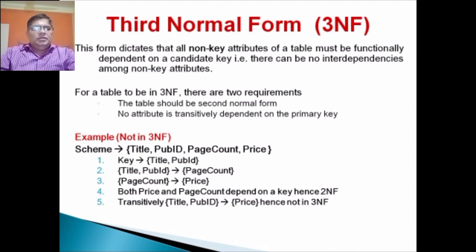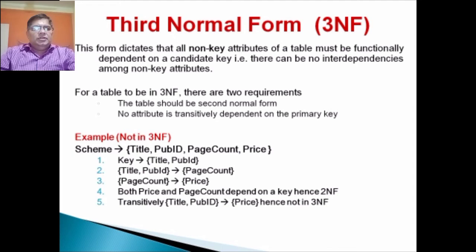This form dictates that all non-key attributes of the table must be functionally dependent on the candidate key. Candidate key means a minimal key of the primary key is known as a candidate key. That is, in third normal form, there can be no interdependency among non-key attributes.